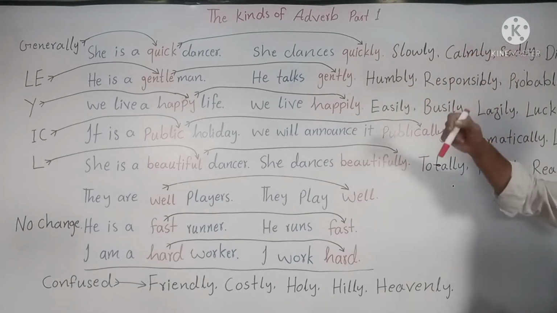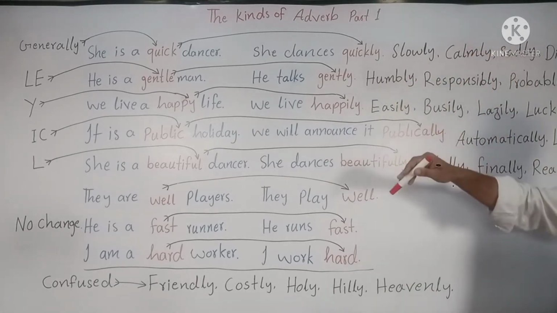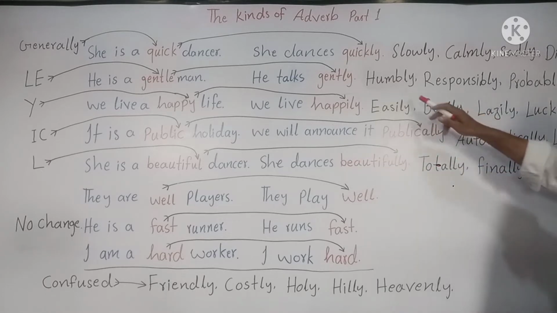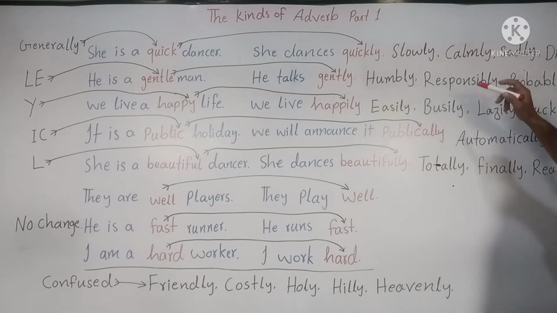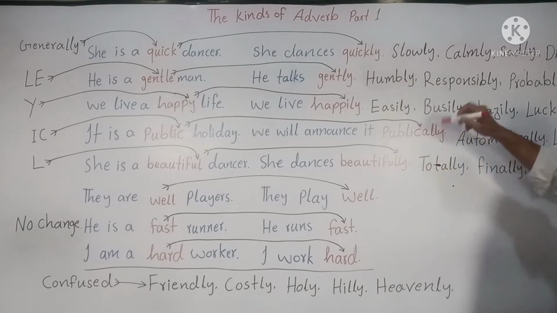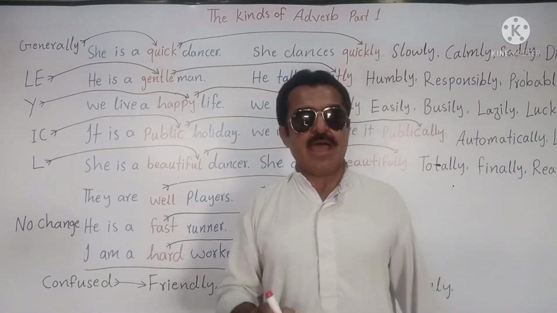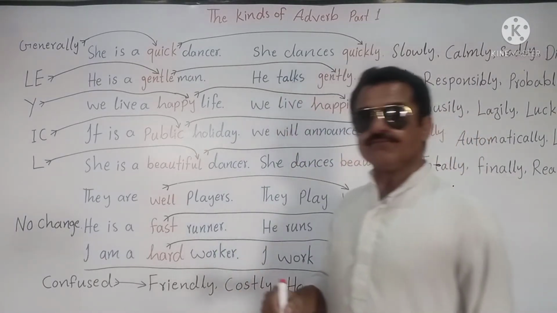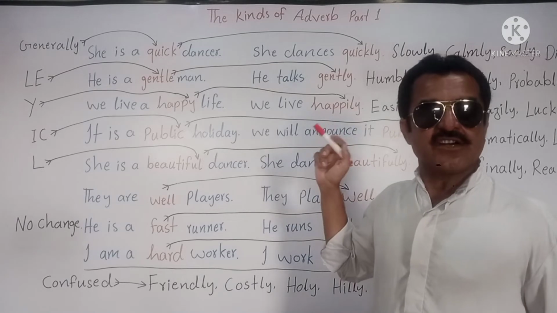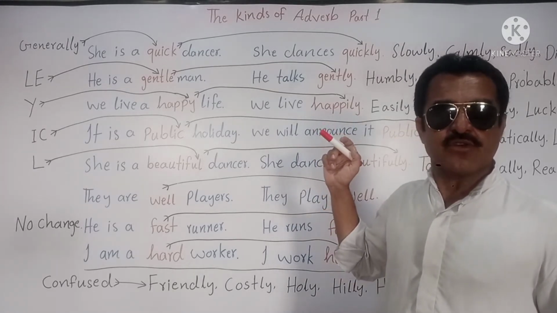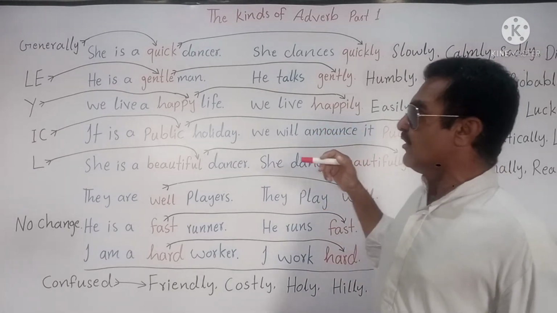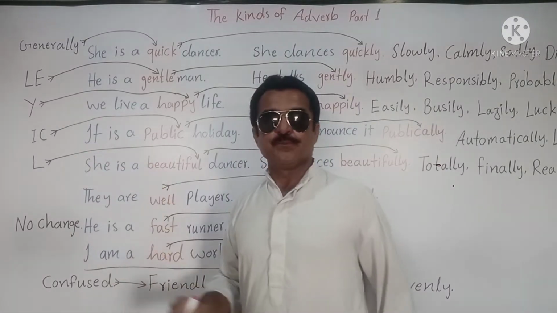You have to put just y by changing e into y. Here are a few extra examples for you to understand: humbly, responsibly, probably, possibly. These are adjectives that end with le. So that was the second rule. Now let's go to the third rule.